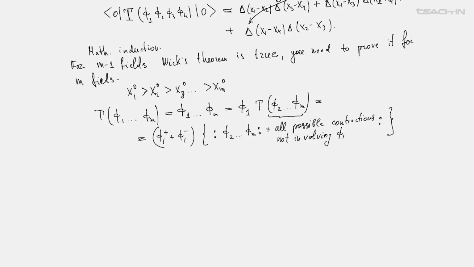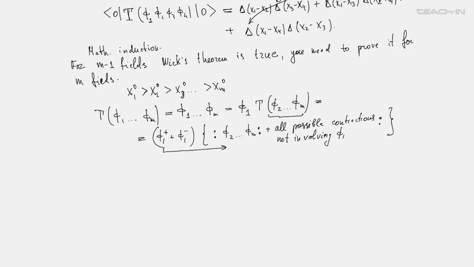Now here, the field phi 1 plus can be moved inside the normal ordered product because it depends on the creation operator only. And in these normal ordered expressions, in the curly brackets, all the fields are already ordered in such a way that all creation operators are standing to the left.